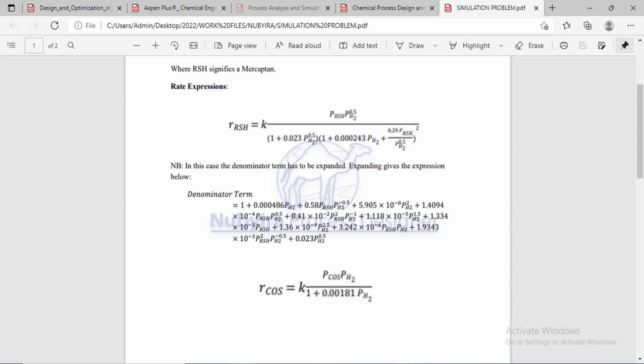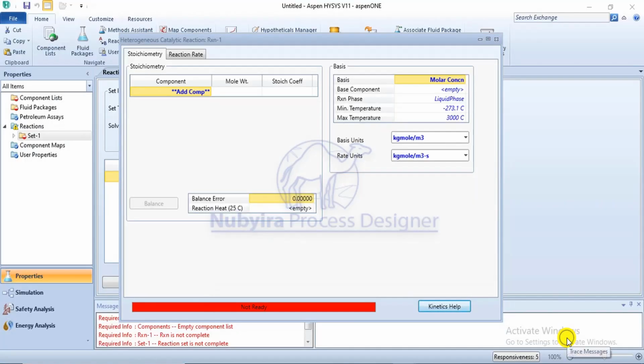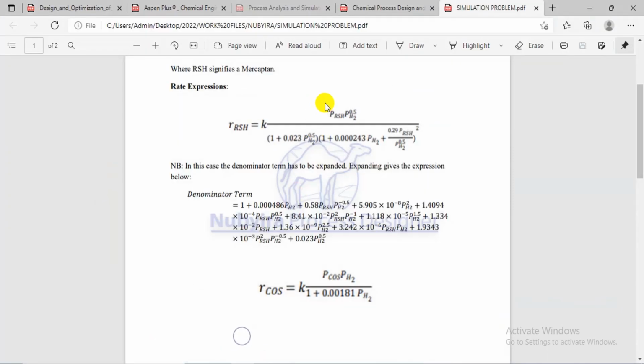So normally you should go back to your stoichiometry form and change the basis units. Is it from here? Okay, you change it from here, basis, you change it to partial pressure, right? And why we are changing it is because that is the parameter that was used in this particular rate expression, right? So you can have others too.